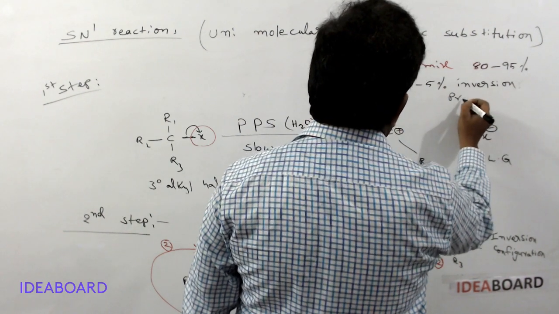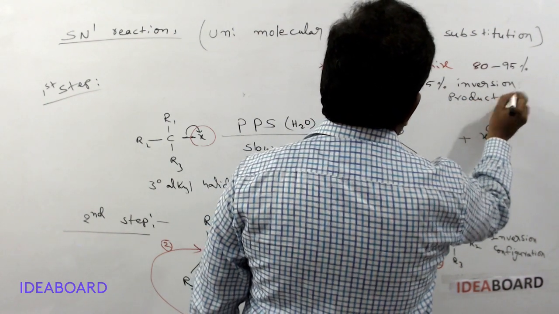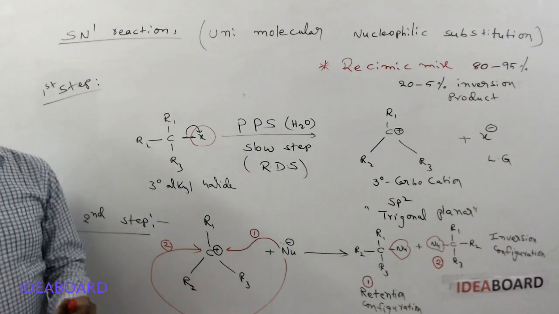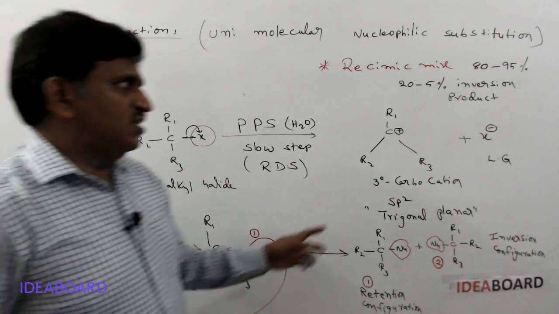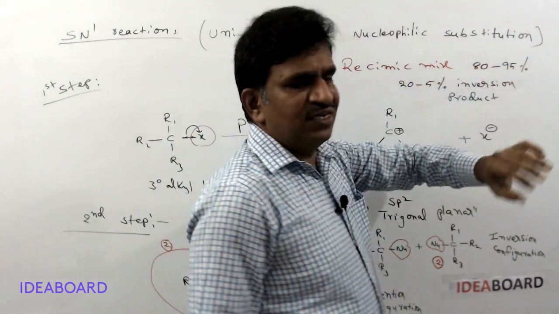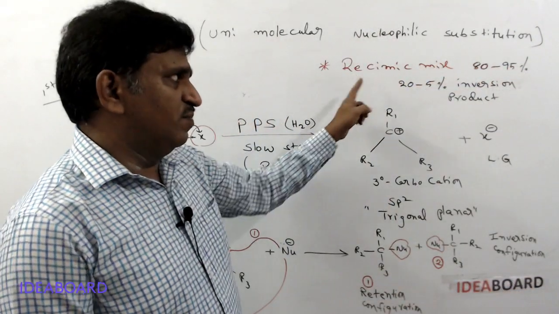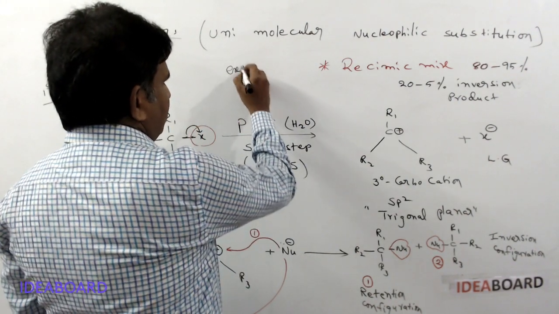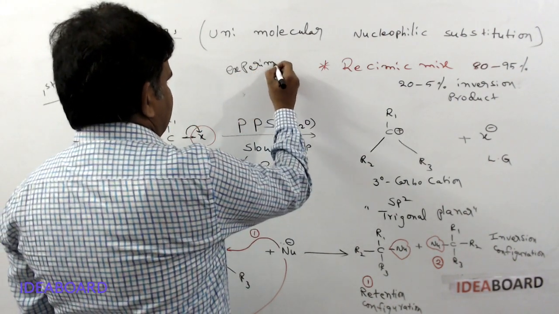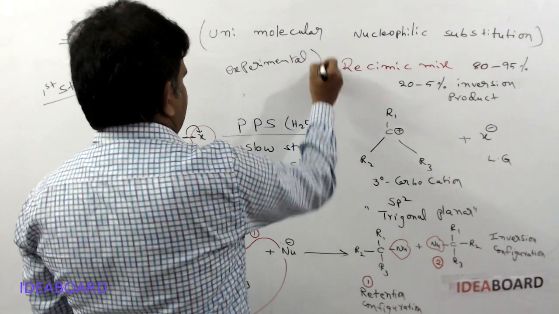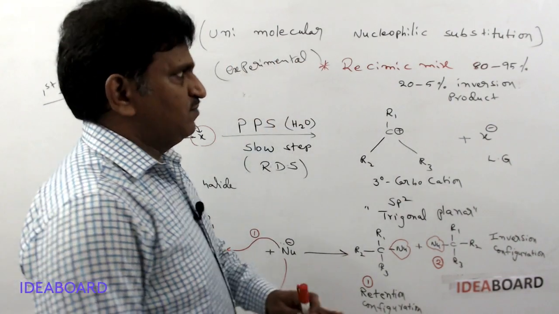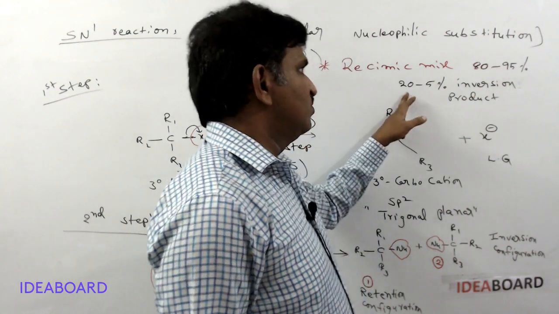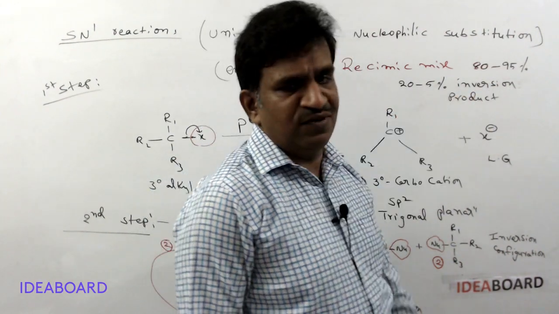So in the SN1 reaction mechanism, a racemic mixture is mainly formed, 80 to 95%. Practically, this is experimentally observed. Experimentally, the racemic mixture is 80 to 95%, but 20 to 5% inversion product is formed.